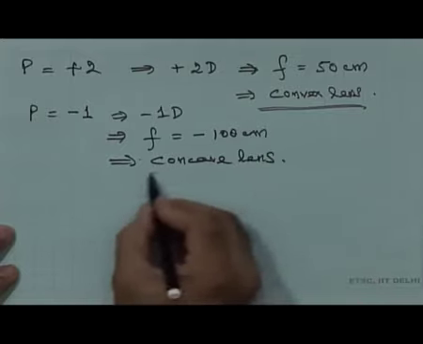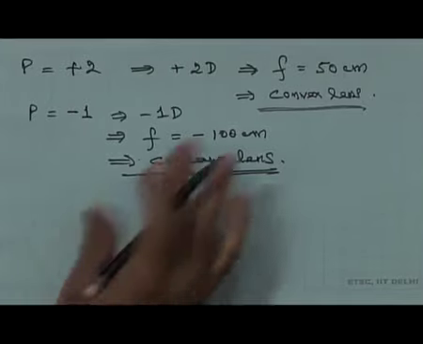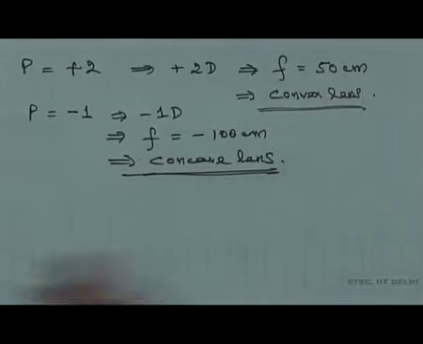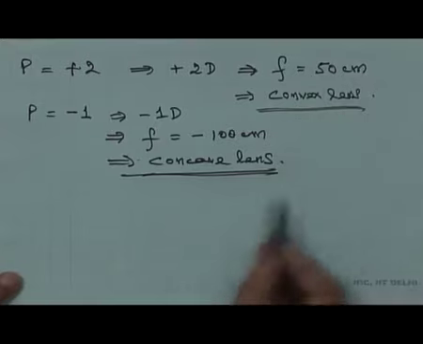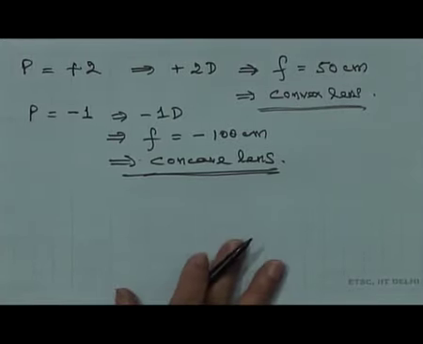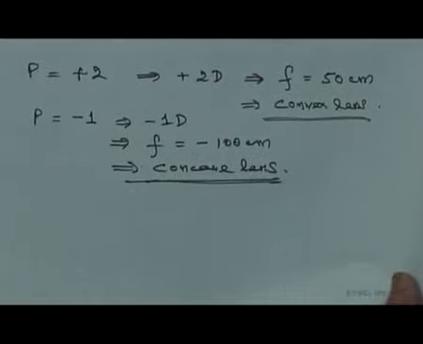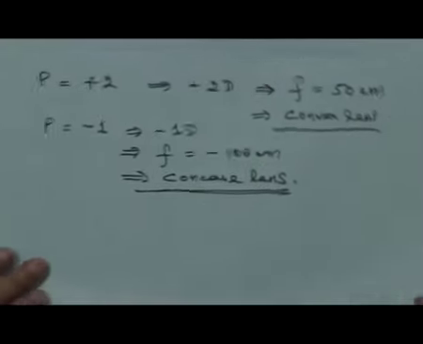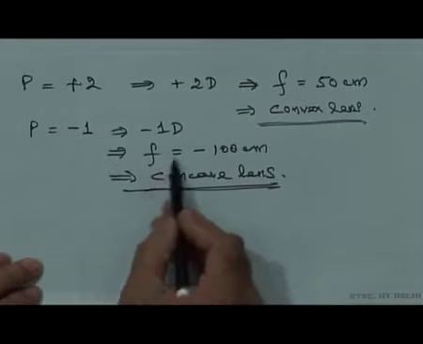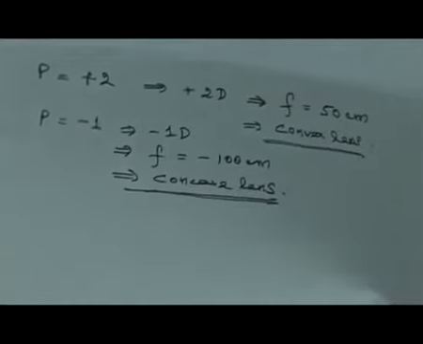Why some people use convex lens and why some people use concave lens depends on the defect in the vision that they have. This we will discuss at a later time. All right. So, it's very important to remember that F has to be substituted in meters when we calculate the power.